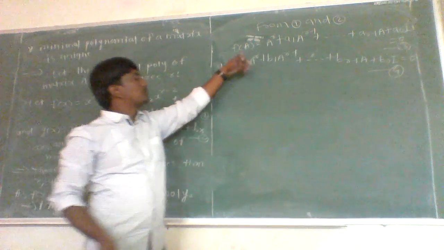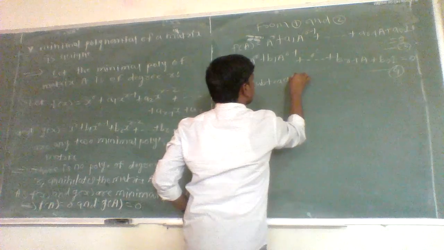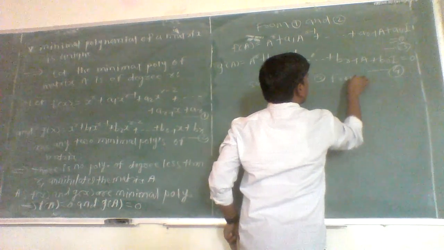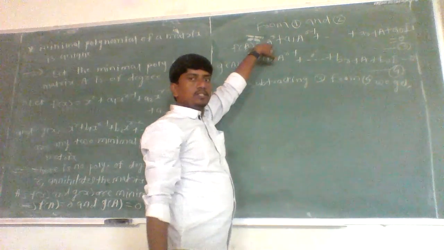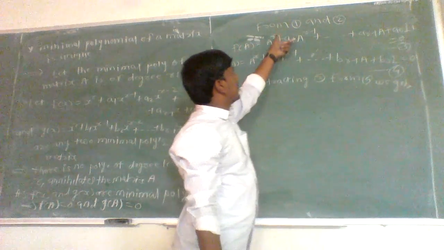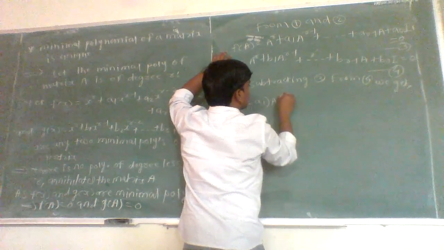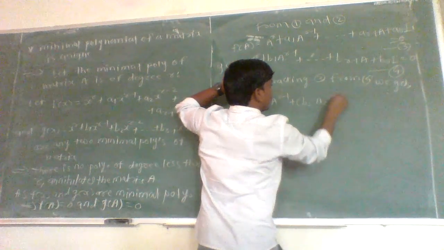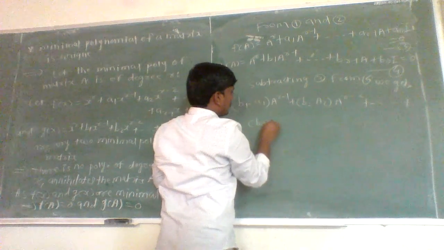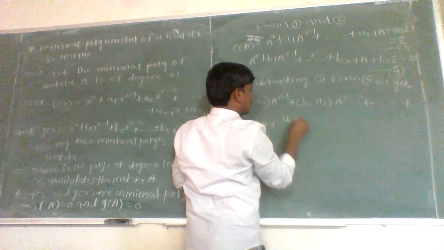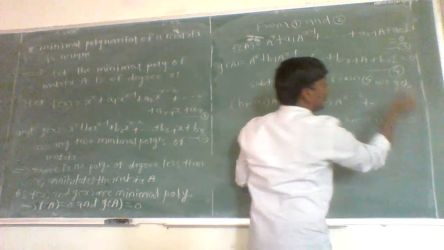Now, subtracting equation 3 from 4, we get A to the power r minus A to the power r is 0, and b1 A to the power r minus 1 minus a1 A to the power r minus 1, which is nothing but b1 minus a1 into A to the power r minus 1, plus b2 minus a2 into A to the power r minus 2 plus up to so on, b r minus 1 minus a r minus 1 into A, plus b naught minus a naught into I is equal to 0.